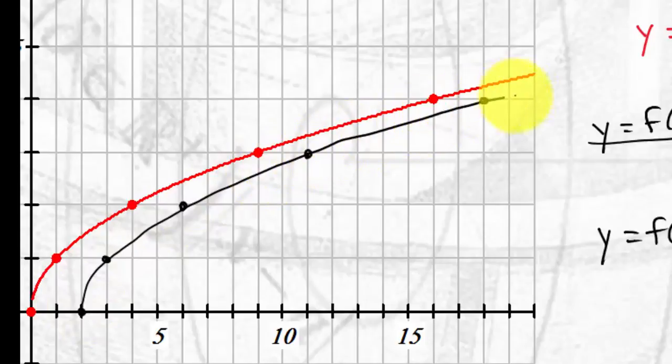That's y equals f of x minus 2 right here. And finally, I'm going to do my compression. I'm going to divide all the x lengths by 2. So the x length right here is 2, so 2 divided by 2 is 1. The x length right here is 3 divided by 2, 1.5.